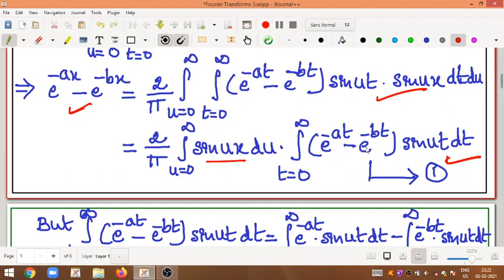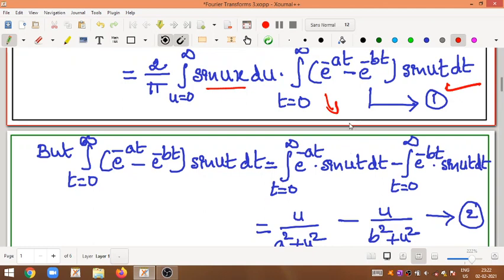Now separately we want to find the value of this second term. Again, by substituting that term value, we will get the answer. See here, we know the formula.